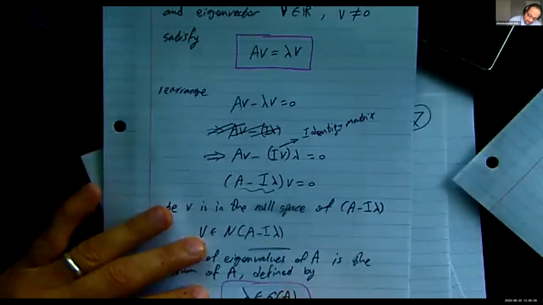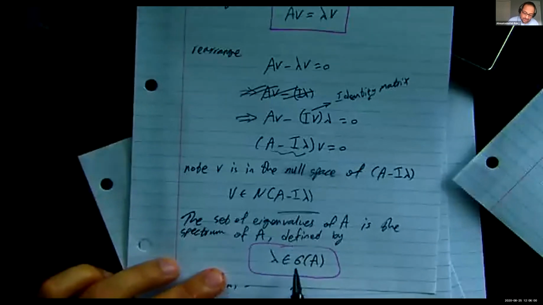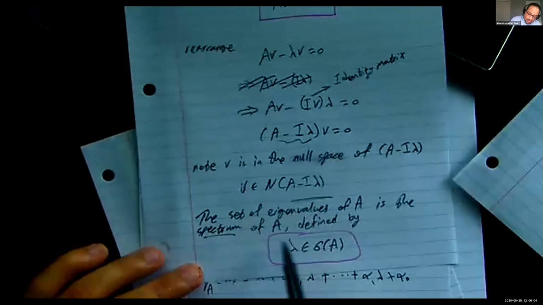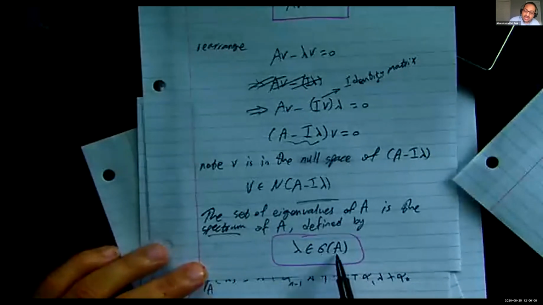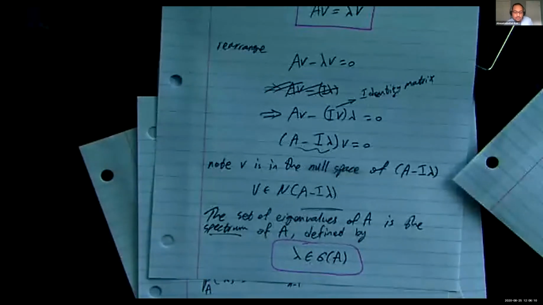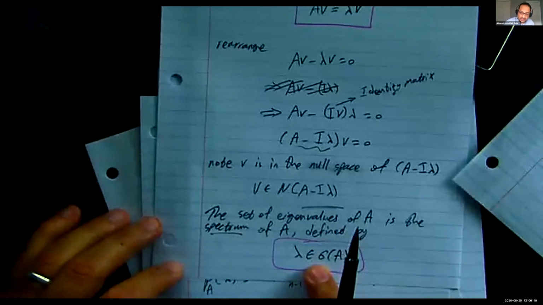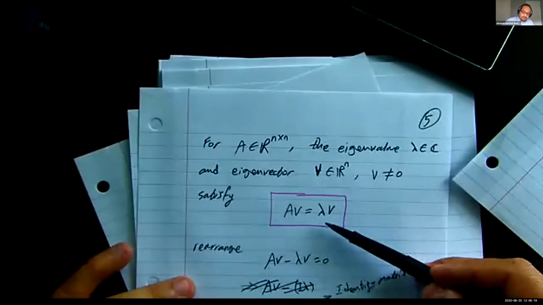So this is how I define eigenvalues. The set of eigenvalues of A is the spectrum of A, defined by this. Lambda belongs to the spectrum of A. This is how we define mathematically the eigenvalues of A, which need to satisfy this equation here.